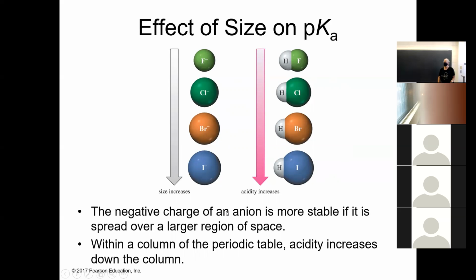So something else is going on here. Once the proton leaves, you've got an anion, and because of the large size of the iodide, it can spread out. It can distribute that charge much better than, say, a fluoride ion, which is more tightly held to the nucleus. So being able to spread out the charge.